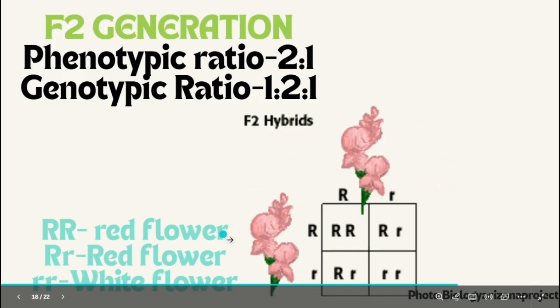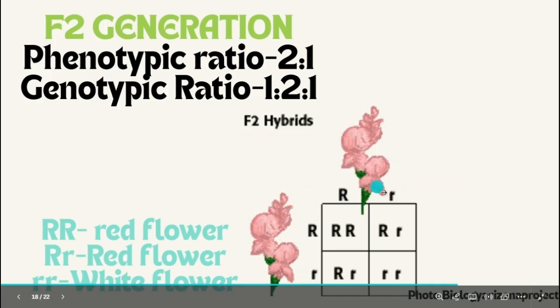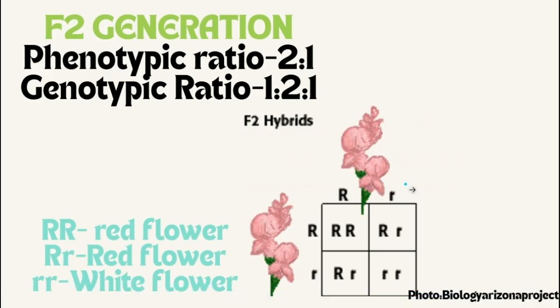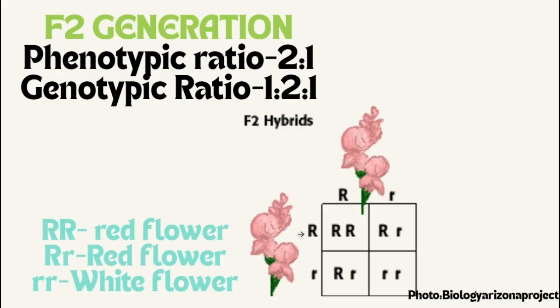Red is the dominant trait, and both these genotypes code for it. Little r is white flower, which is recessive. So if we cross two heterozygous, big R little r and big R little r, we're crossing two red flowers. Both parents look red.